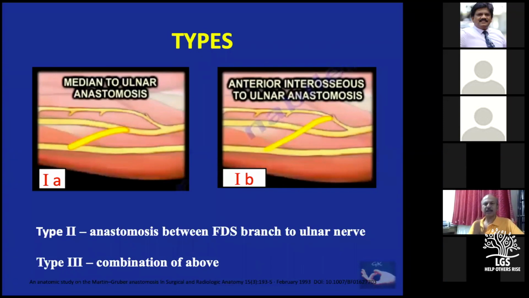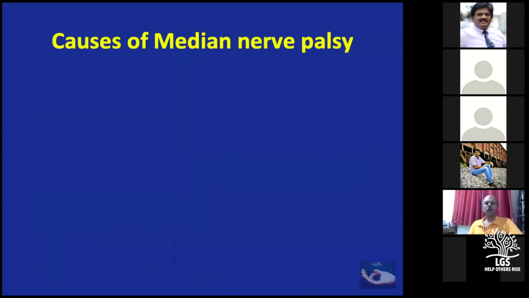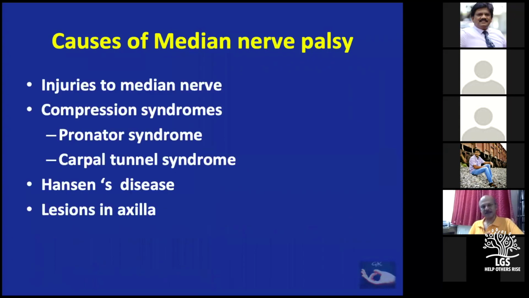This may be a little confusing, because we know that the ulnar nerve has not been injured, but this will explain why we find sometimes the paralysis or weakness of the ulnar supplied muscles in a case of pure median nerve palsy.